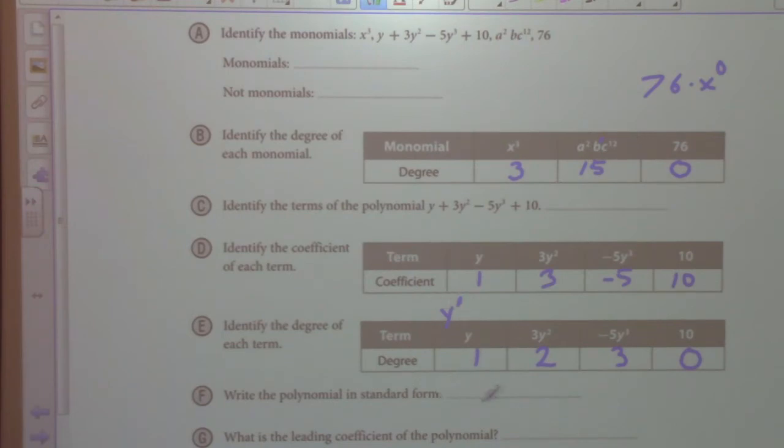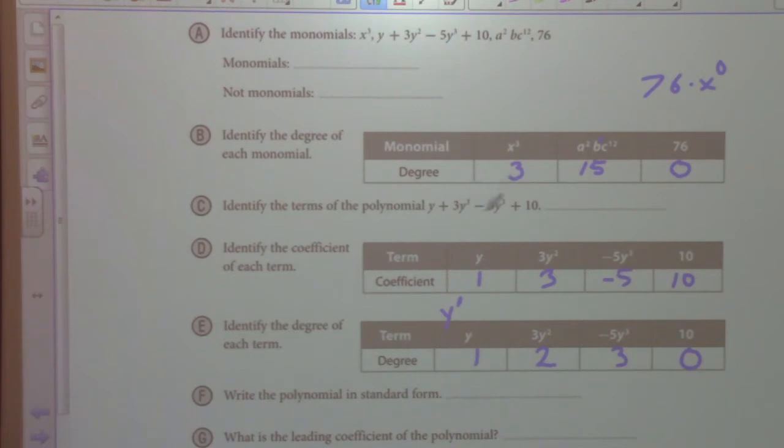Okay, good. And then it says write the polynomial in standard form. So here we have this polynomial right here. How do we write this in standard form? Well, we put this in descending order from the greatest power to the least.